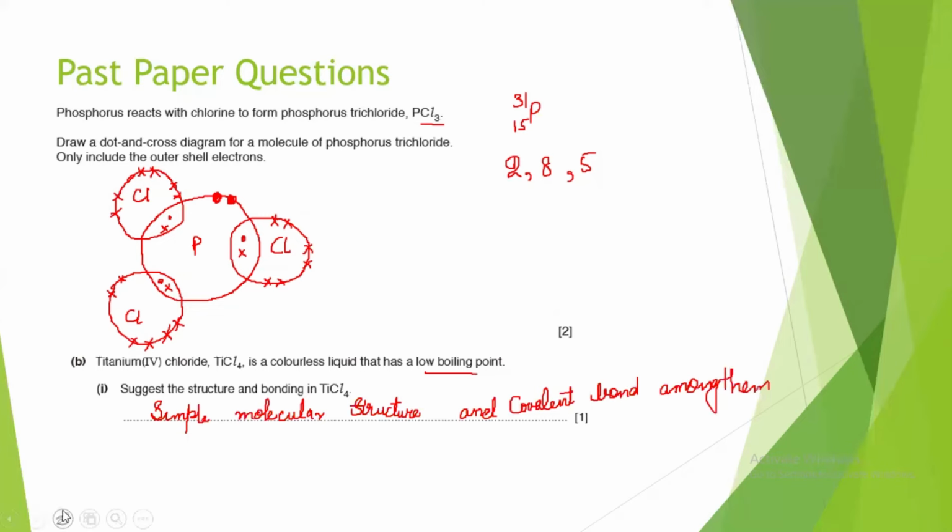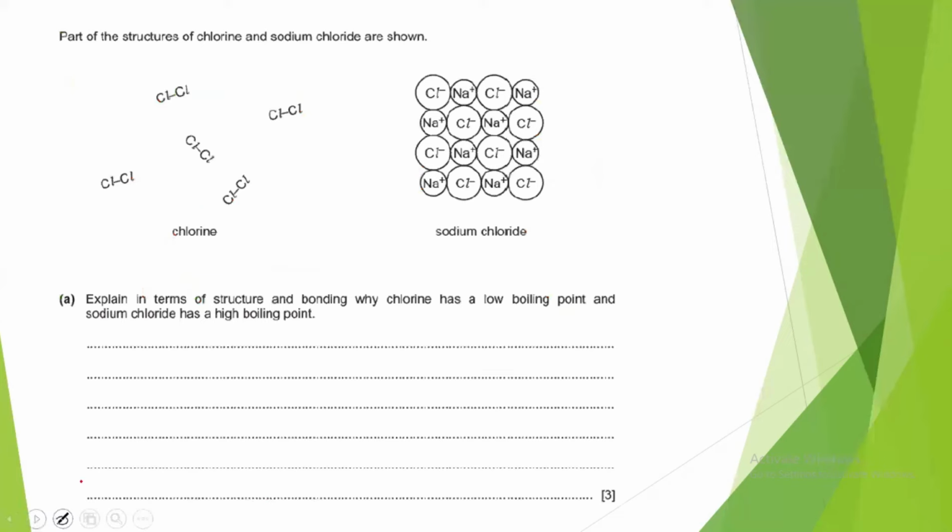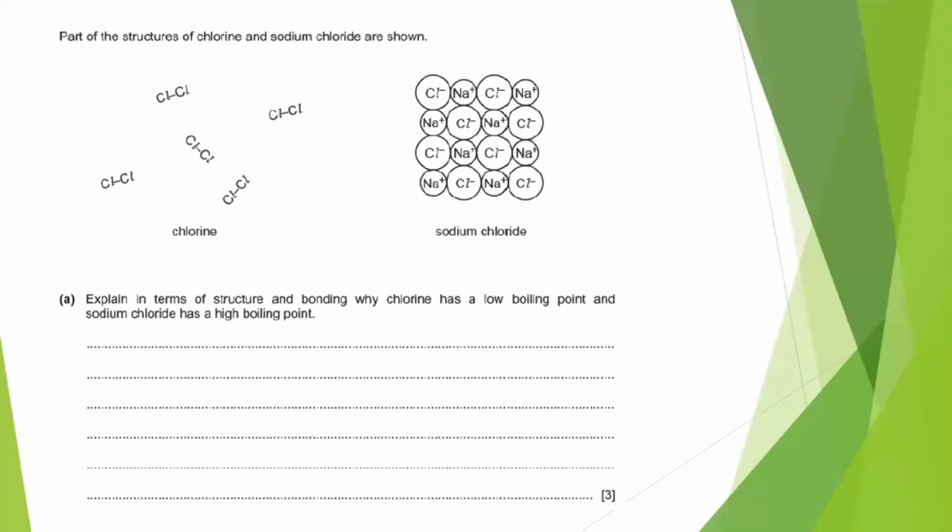Okay, so let's move further. Explain in terms of structure and bonding why chlorine has a low boiling point and sodium chloride has a high boiling point.